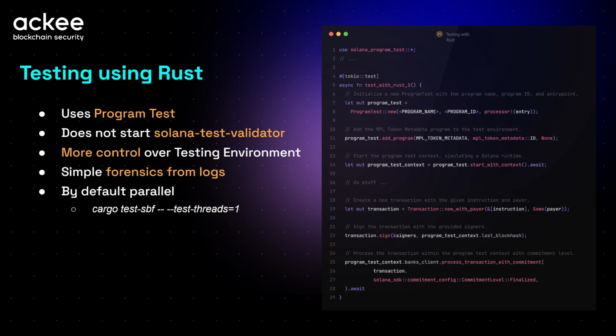So you can more simply read the contents of the logs, and the debug experience is better. So you can run the command cargo test sbf, but this time with the option test threads equals 1. That means the tests are going to be run using only one thread. So basically this is the sequential behavior.